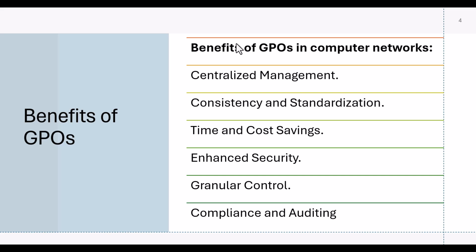Another advantage of group policy objects is time and cost savings. In terms of the time you use to configure settings on individual machines, assuming you do not have group policy and you want to apply certain settings on maybe 200 computers, then you would have to visit these 200 computers one at a time to configure these settings on them.